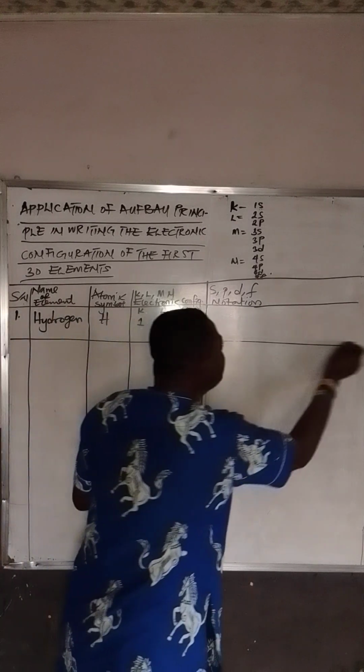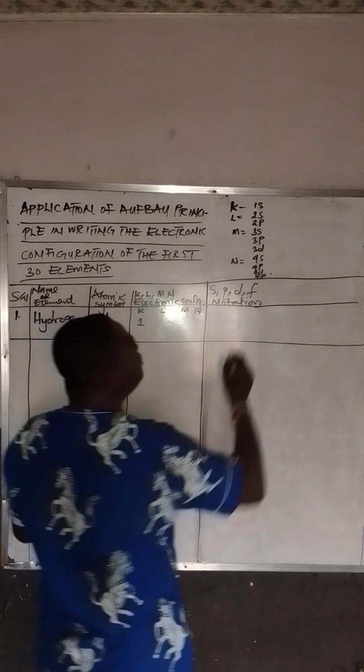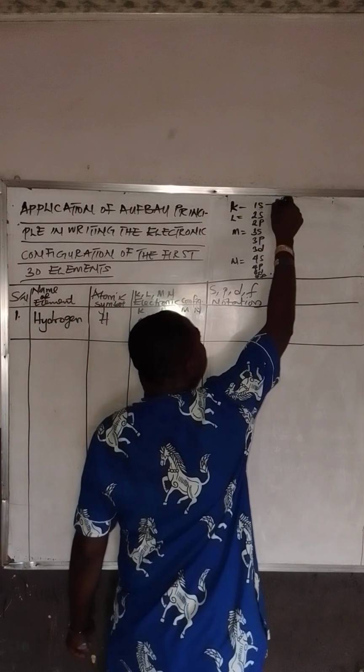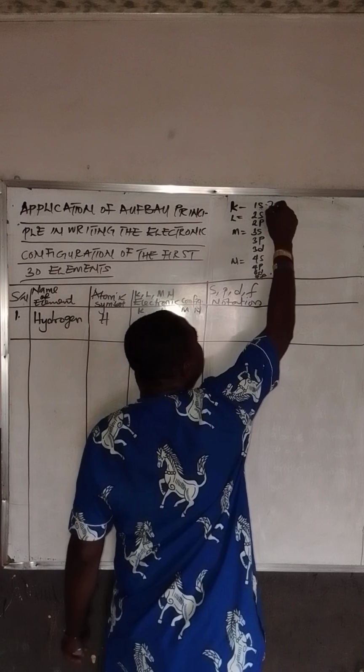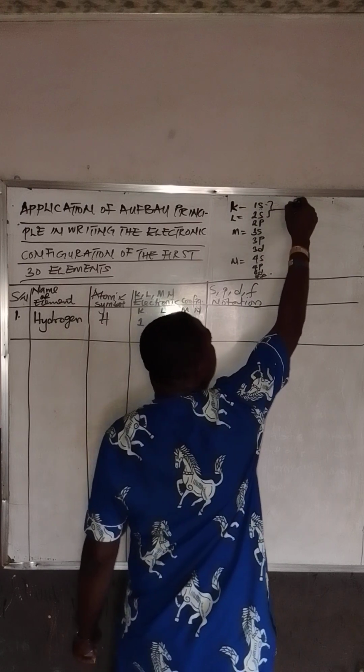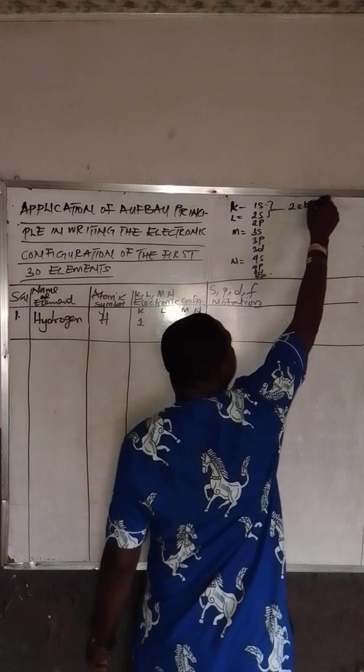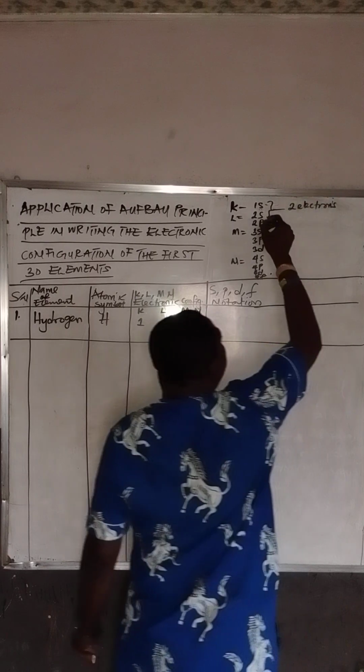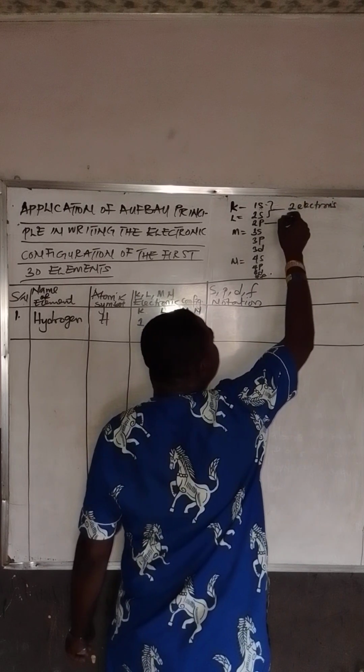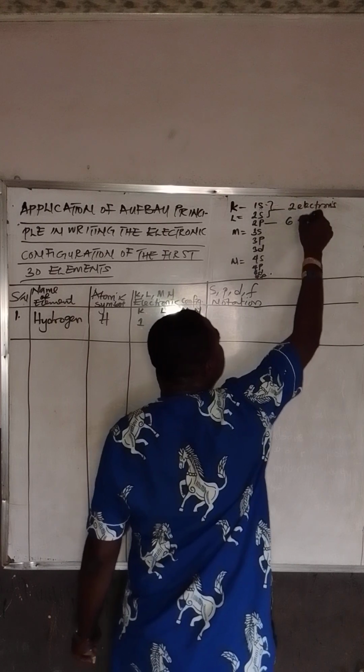And when we are writing the SPDF configuration, don't forget, every s orbital carries a maximum of 2 electrons. Then every p carries what? 6 electrons maximum.